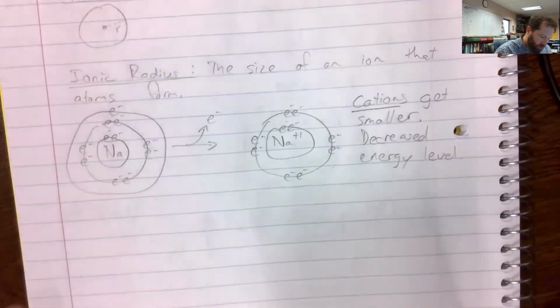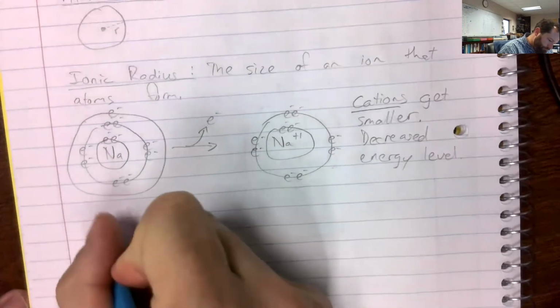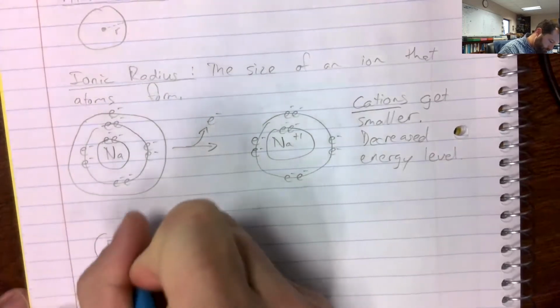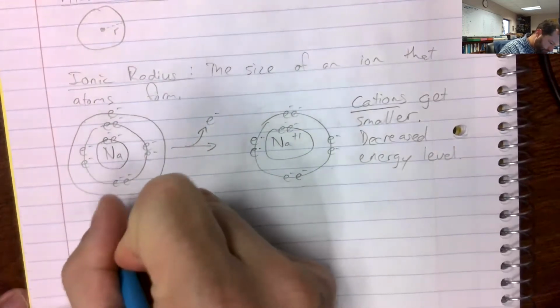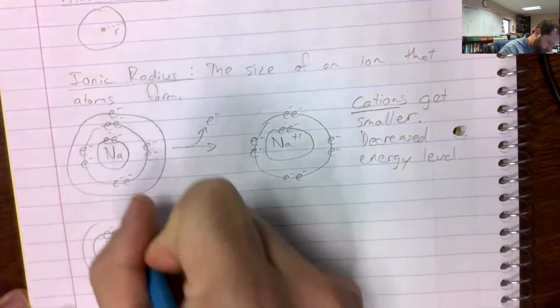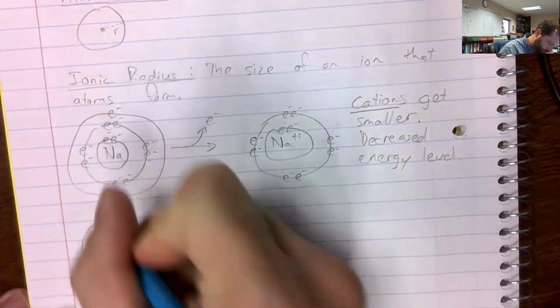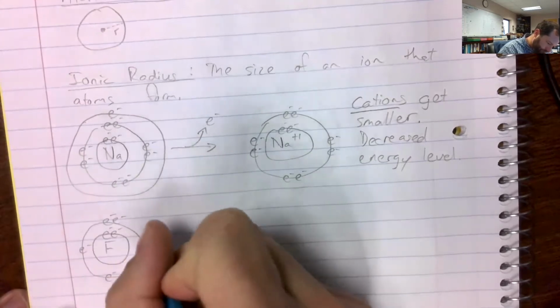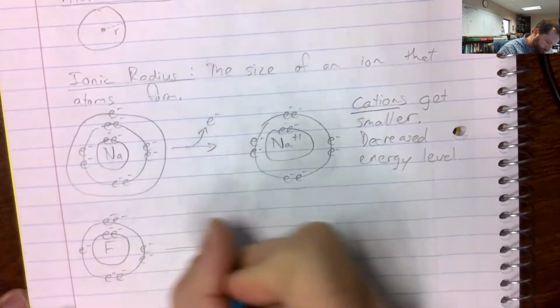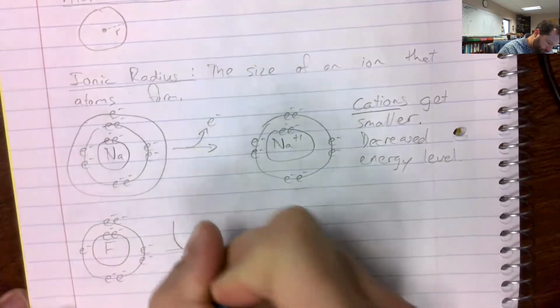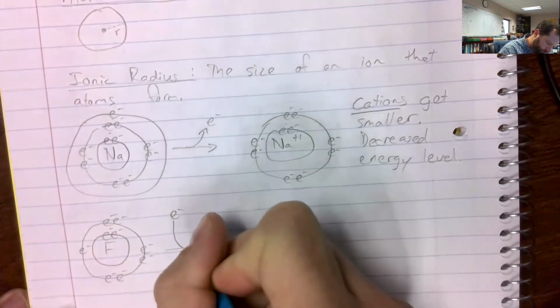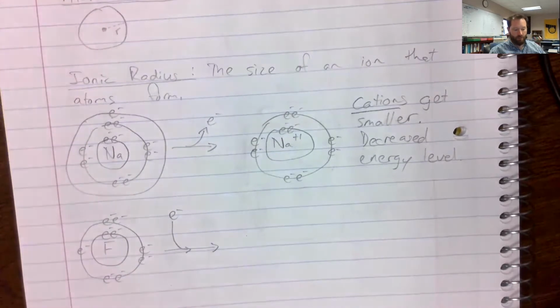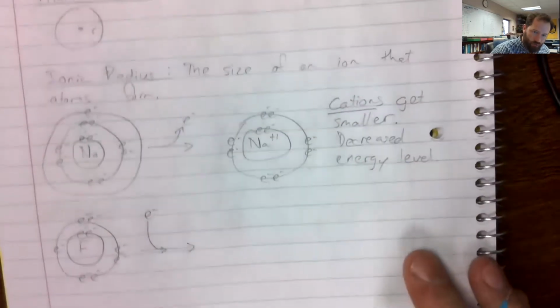And then our other option is to gain an electron, to put an electron onto the atom.